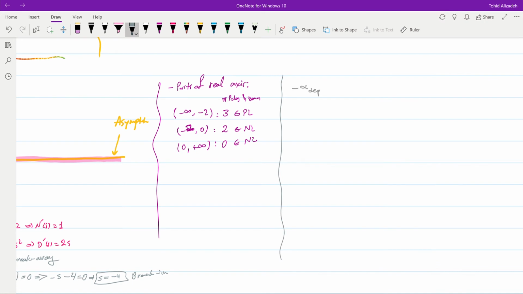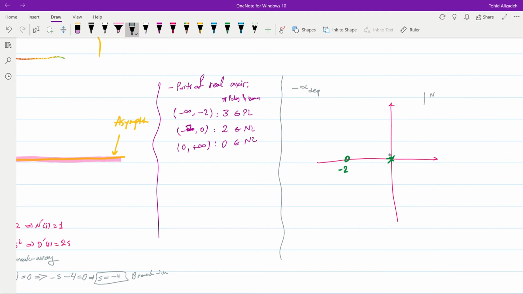You can either refer to the formula that we have, or you can apply the phase condition in the vicinity of the poles for which you want to figure out the angle of departure. Okay, so let's say that we have a test point pretty close to the poles at the origin, for which we want to apply the phase condition.